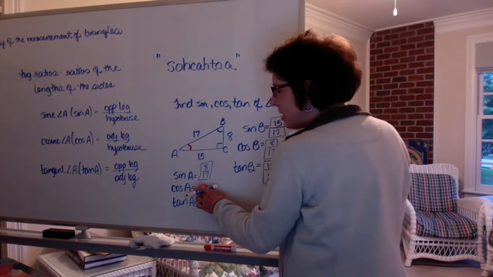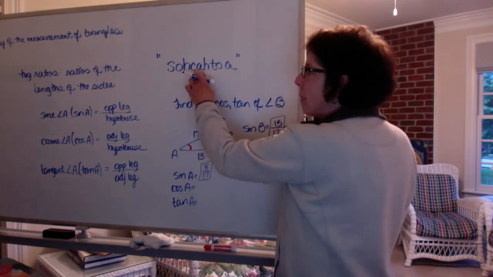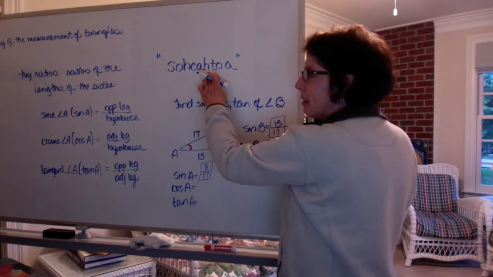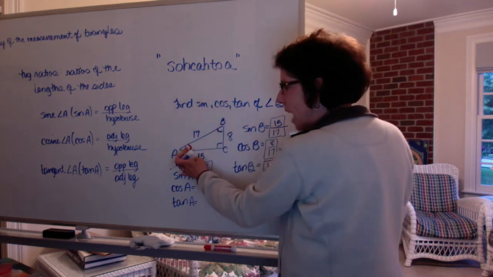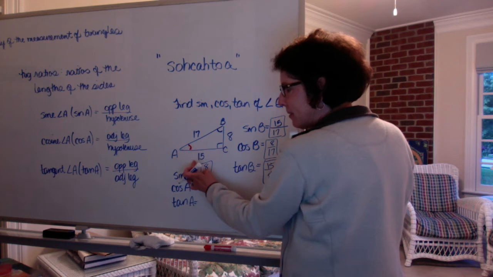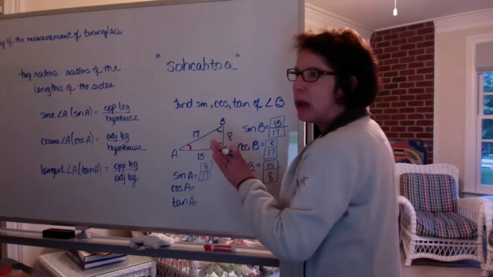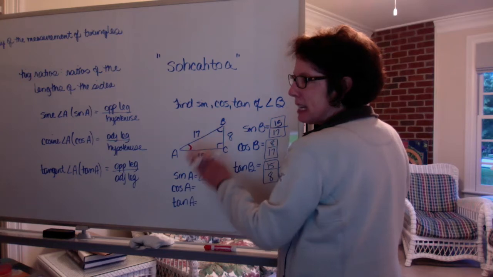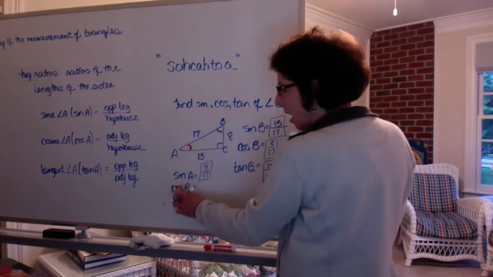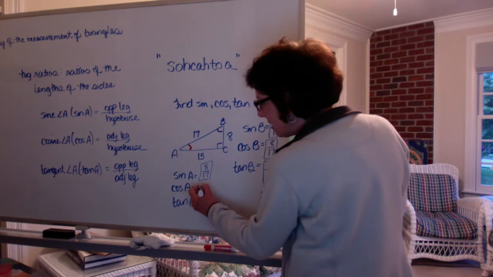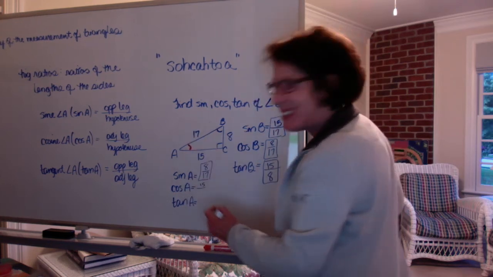Let's go to the cosine of angle A. That's going to be CAH, my adjacent leg length over my hypotenuse length. Well, for angle A, the adjacent leg is 15. Remember, 17 is always the hypotenuse. It's never a leg. So just ignore 17 when you're trying to figure out opposite and adjacent. So I have cosine of A is going to be my adjacent 15 over my hypotenuse 17.